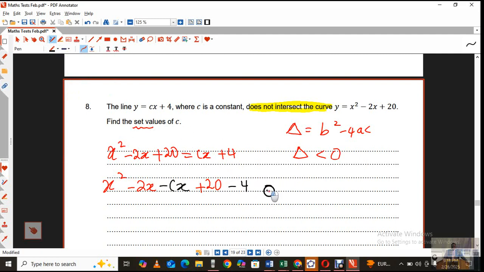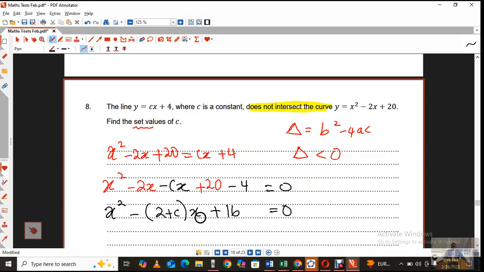I'm just going to say equals to 0. I'm not going to use the inequality for now, that is going to be inequalities coming afterwards. So let me just clear this out. This is x squared. I'm going to have minus 2 minus c, and my x outside, plus 16. There's a reason.